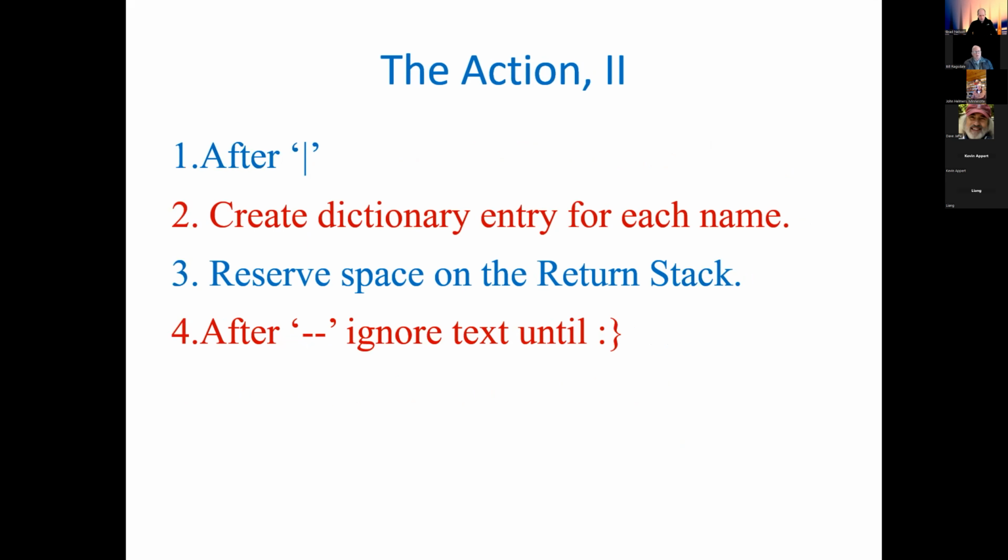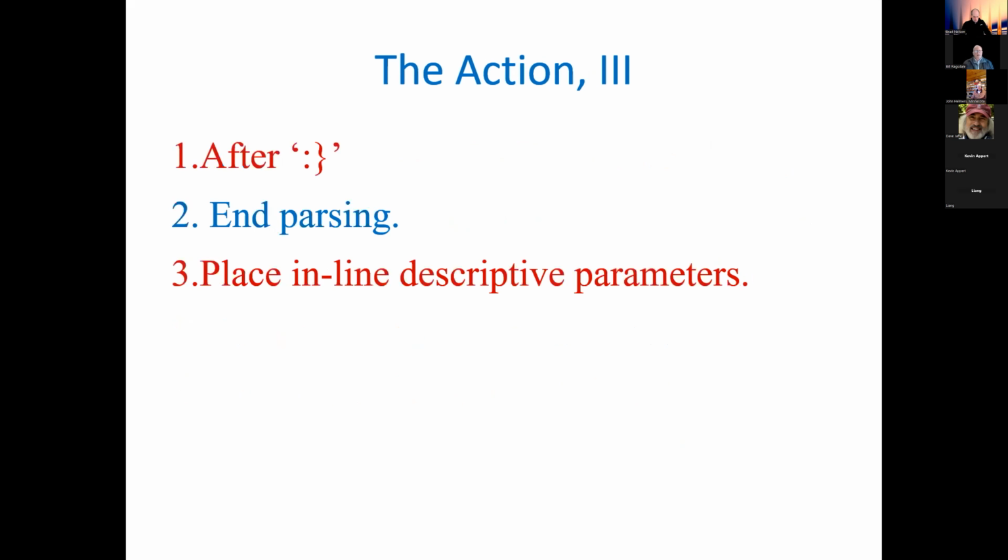In that case, it also creates a dictionary entry for the name and reserves the space on the return stack, but does not initialize them. And then it ignores anything following. After the last character, the colon right brace, that ends the parsing of the input stream. And then a couple of inline parameters are compiled following that as locators.